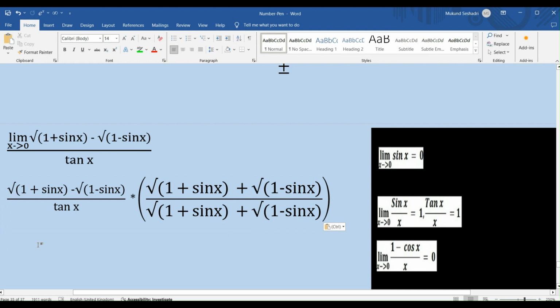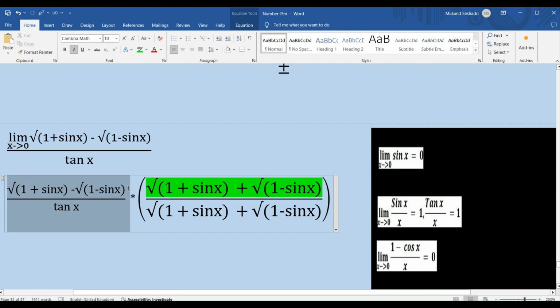So this becomes root of 1 plus sine x minus root of 1 minus sine x into root of 1 plus sine x plus root of 1 minus sine x, right? So I want you to closely observe the numerator part, which let me highlight in green. So that's my a plus b, and this expression is my a minus b, right?